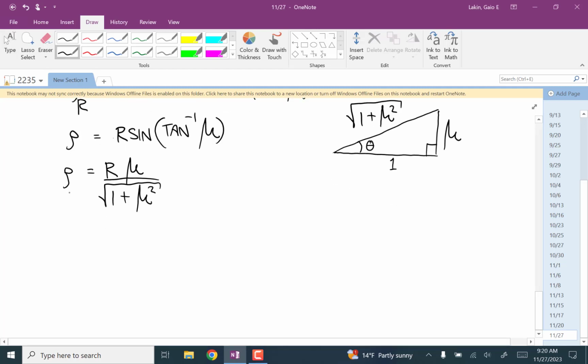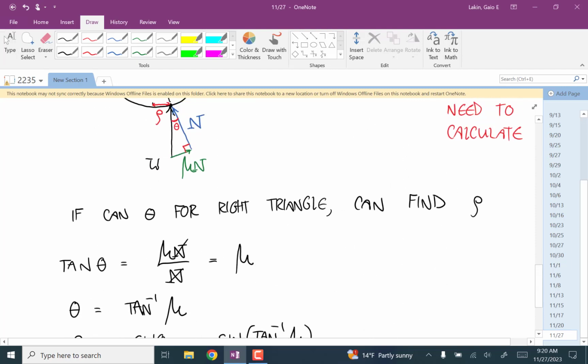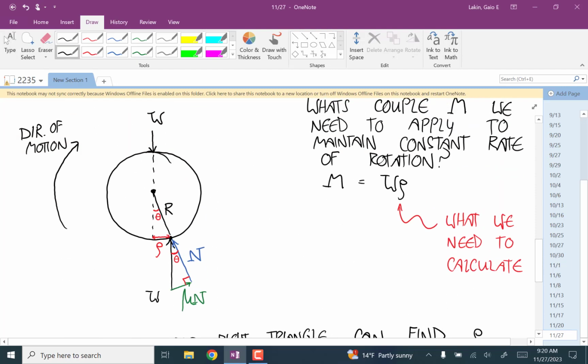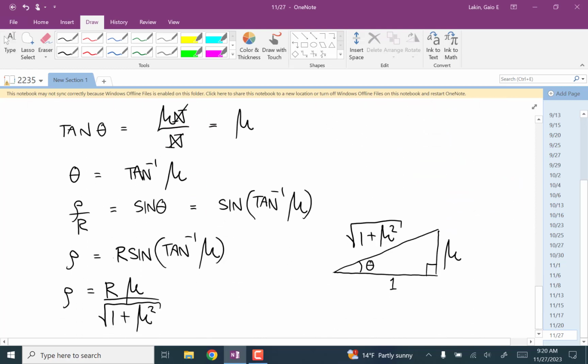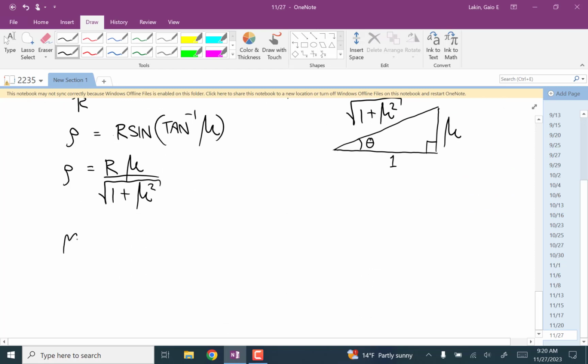And so since the couple is just the weight times this rho vector, then the couple is equal to the weight times the radius of the axle times mu over the square root of 1 plus mu squared.